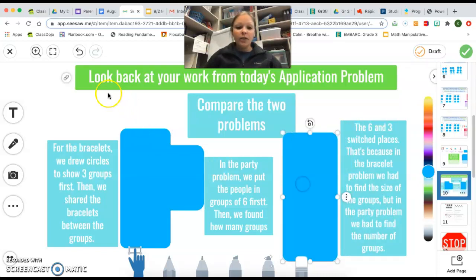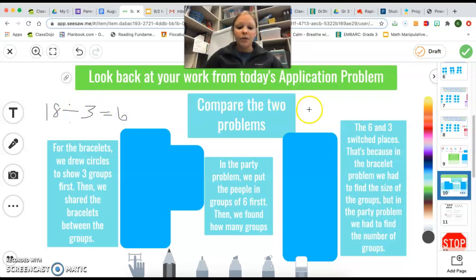So the only thing that was different, and I'll draw this out, for the bracelets, the problem was 18 divided by 3 equals 6. And for the party, the problem was 18 divided by 6 equals 3. As you can see, the 3 and the 6 changed places.